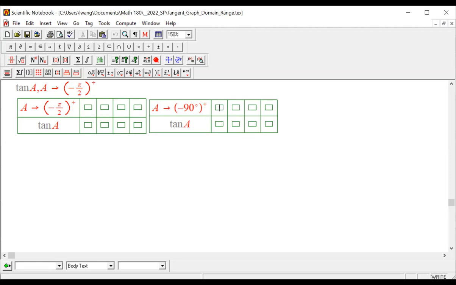That would be like negative 89 degrees, isn't it? It's larger than negative 90 degrees. So let's see what the tangent of negative 89 degrees is. Let's see what we get.